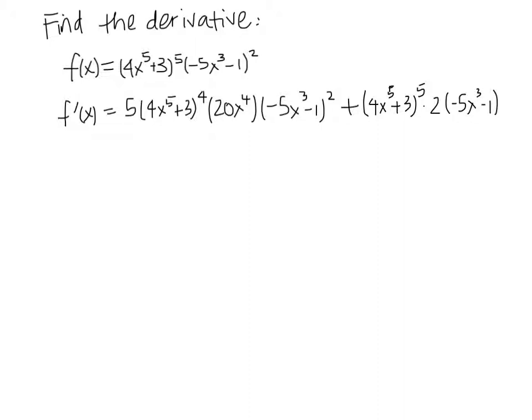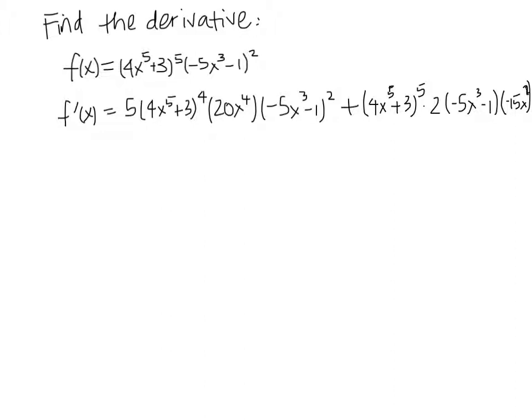Brought the power down by 1, so now it's just a 1 power. I don't have to write that. And then derivative of the inside, negative 15x squared. Okay, made it.